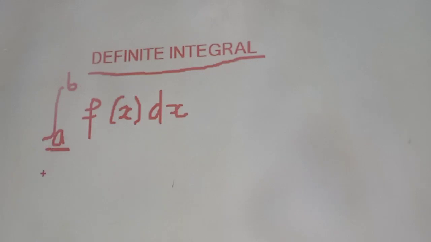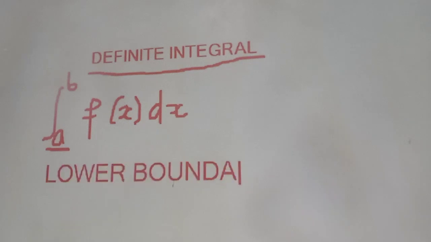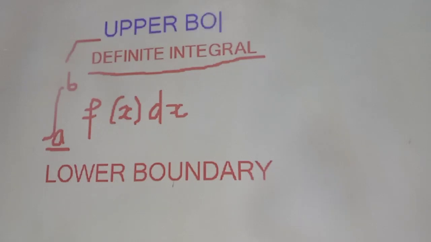This is the lower boundary, and b is the upper boundary. This is how we denote definite integrals.